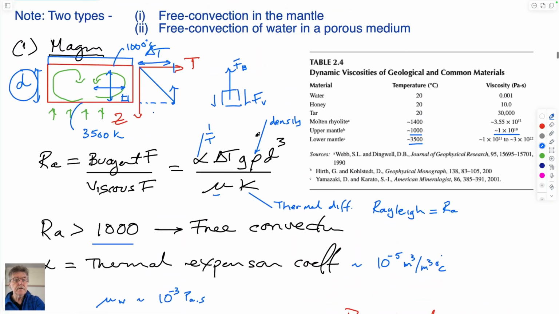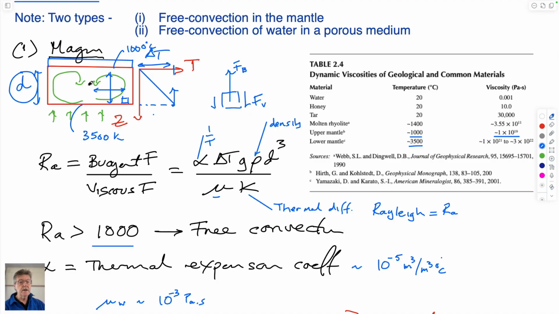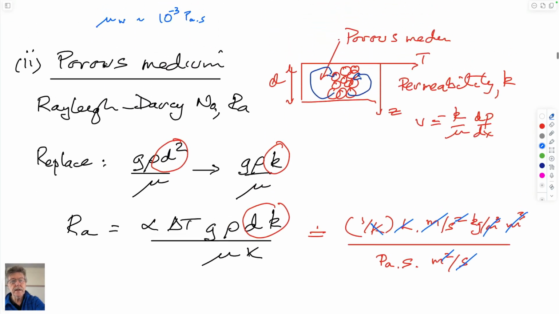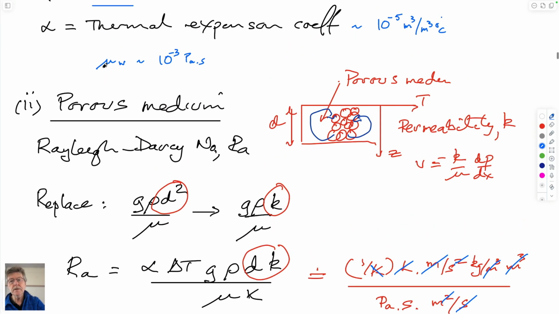So that's for the behavior below the crust. If you look at what's happening in the crust, which is solid, then you can still get convection occurring. In that case, the convection cell would look exactly the same as before, heating up a container which has some height, with different temperatures on the top and the bottom.